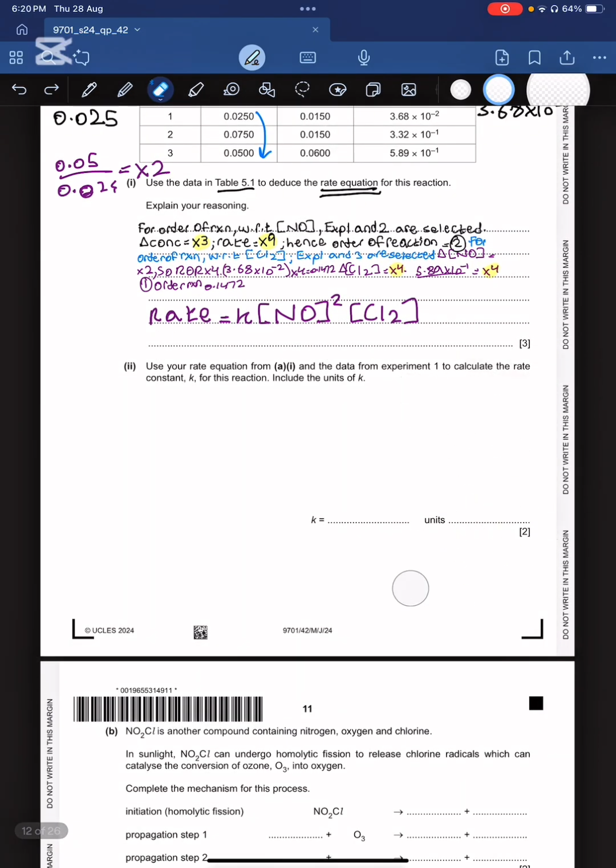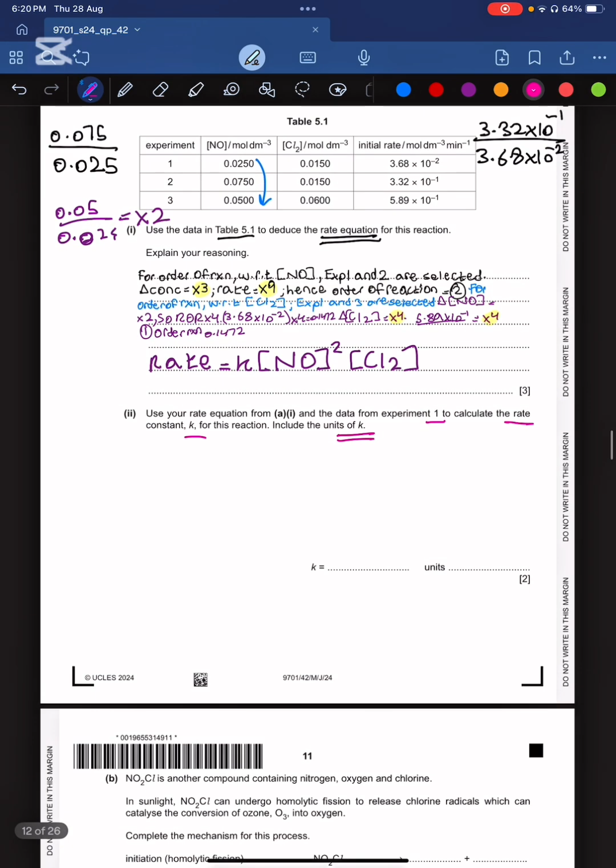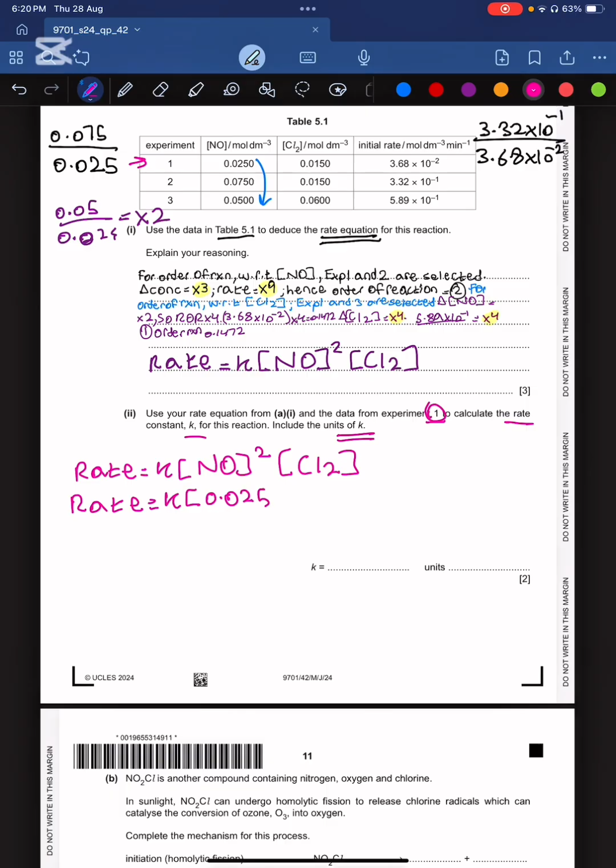Right, next question. Use your rate equation and the data from experiment 1 to calculate the rate constant K for this reaction, include the units of K. Okay, simple. Rate is equal to K times NO squared times Cl2. It says from experiment 1, which means that we need to use the concentrations of nitrogen monoxide and chlorine from experiment 1. So that would be 0.025 squared.